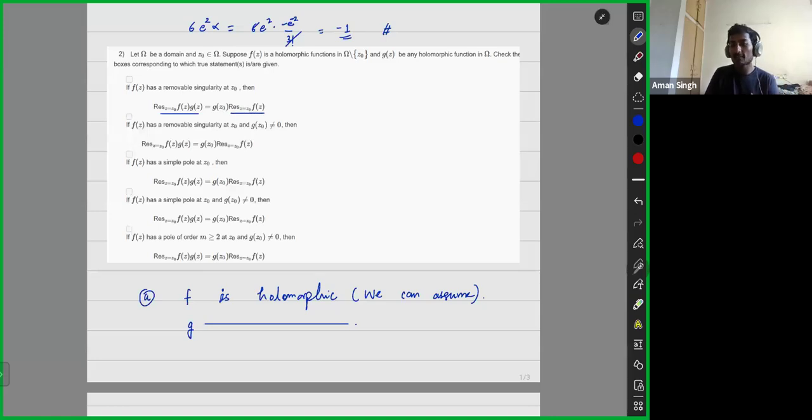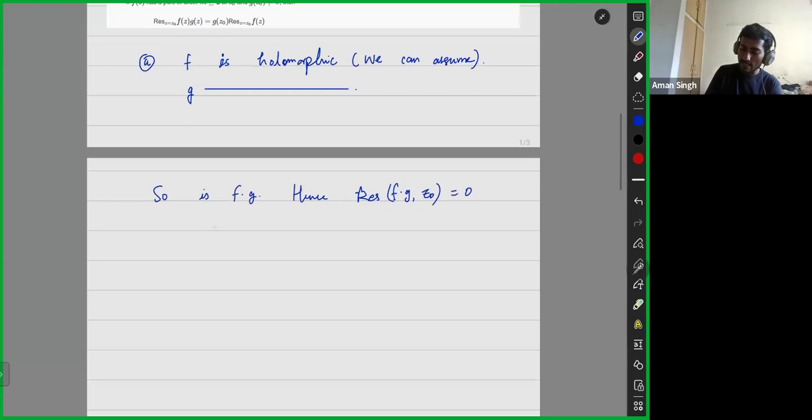Now we know f is also holomorphic, so this residue of f at z naught is also zero. So both sides are zero, and the residue of f at z naught is also zero because of the same logic, f is holomorphic. So A is true.